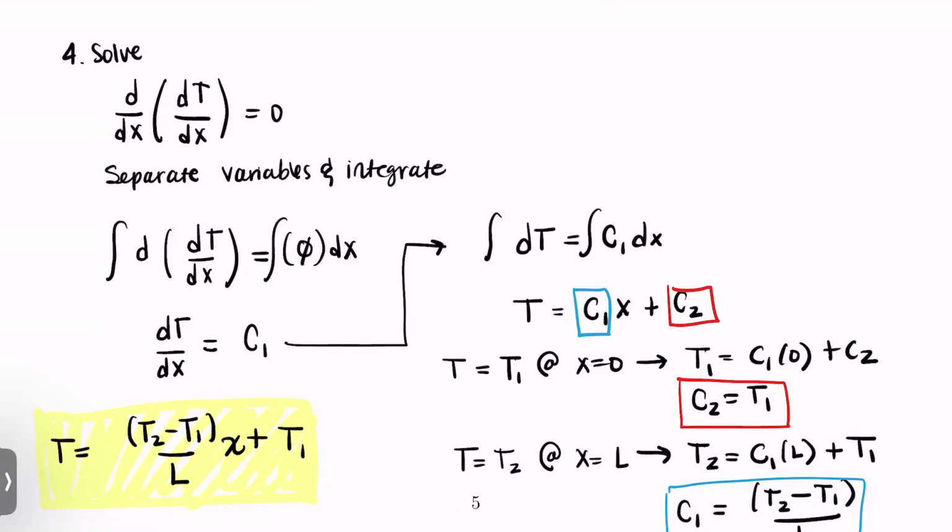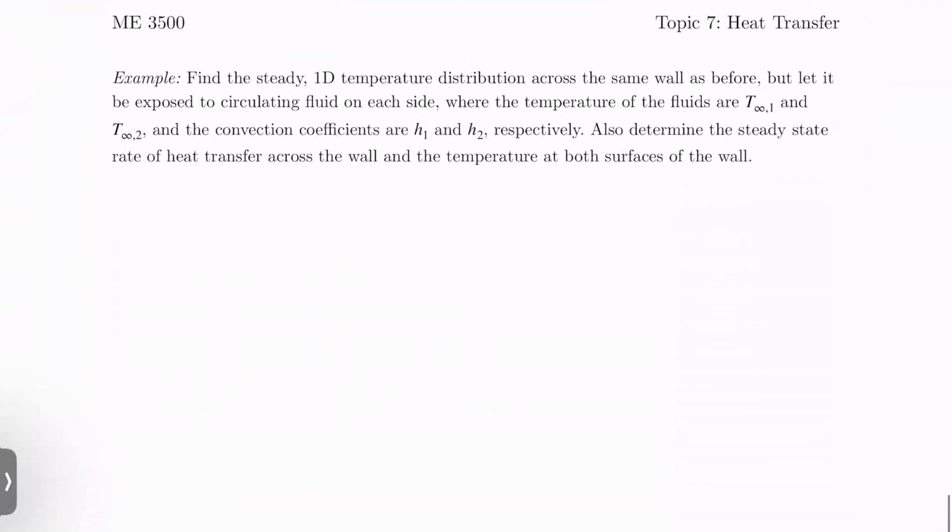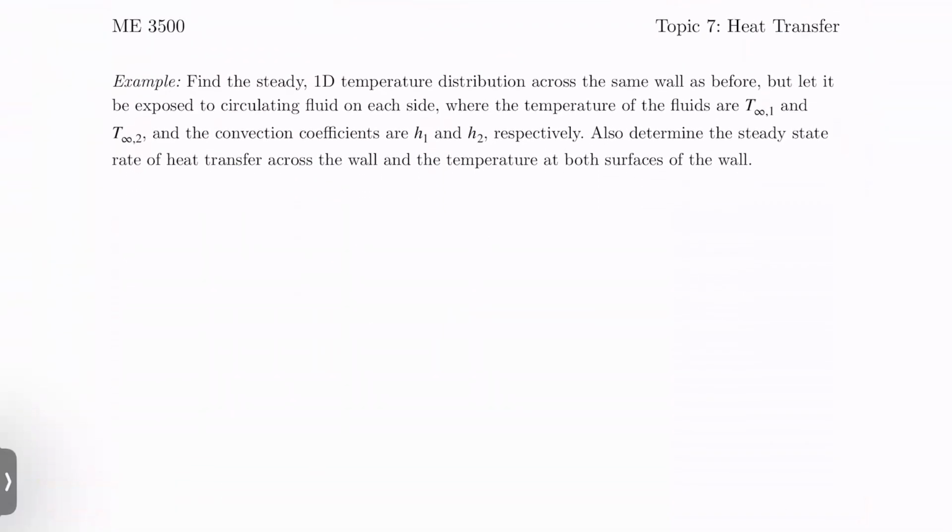Okay, we're going to go and do a second example that is slightly more involved. All right. So now we're going to look at the same wall as what we had before, but we're going to have it exposed to circulating fluids on both sides.